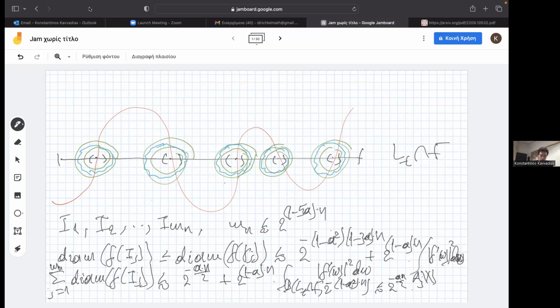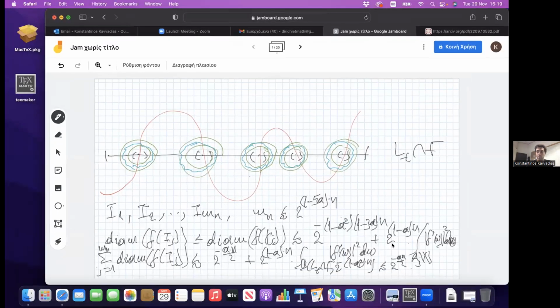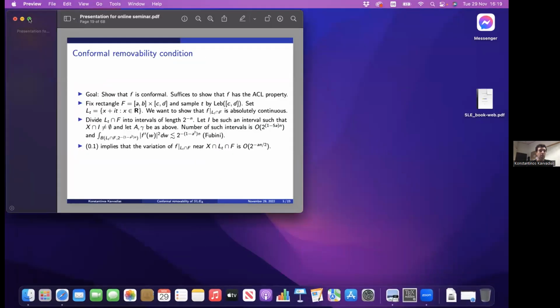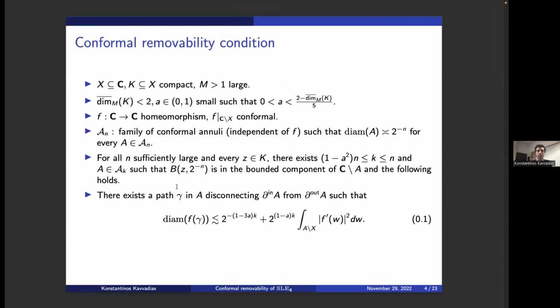So the whole point is to bound the variation near those points of intersection. And that's exactly what this inequality on the diameter of the image of gamma under f does.